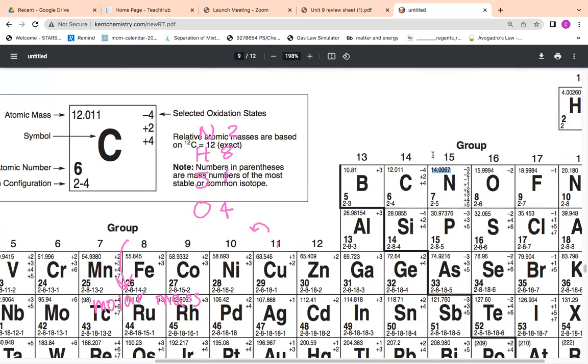Now, a lot of these can be rounded to the nearest whole number. The only thing that I would really tell you to look out for is chlorine, because it's pretty much right in the middle. I would personally round this to 35.5. And same for copper, I would round that to 63.5. So if you see something is really, really close to the middle mark, I would round it to 0.5 instead of going to the nearest whole number.